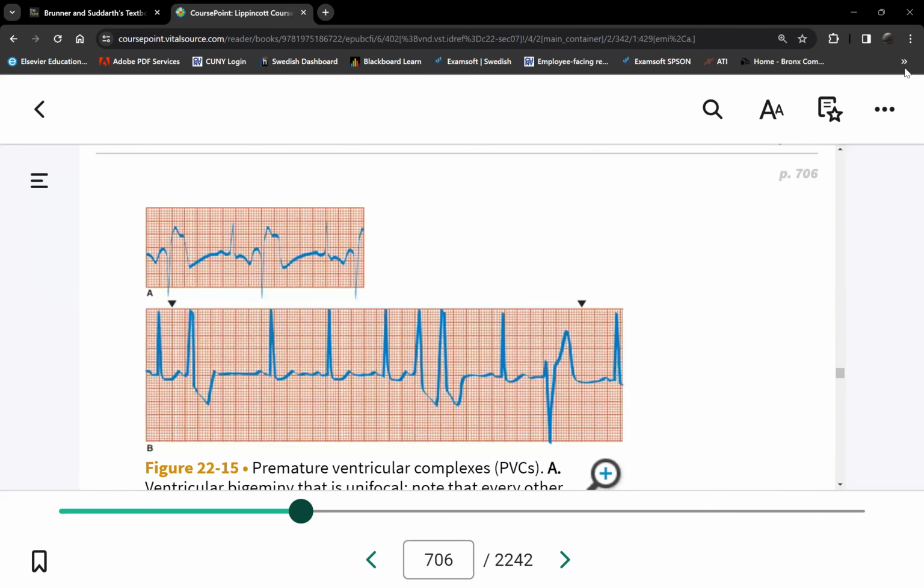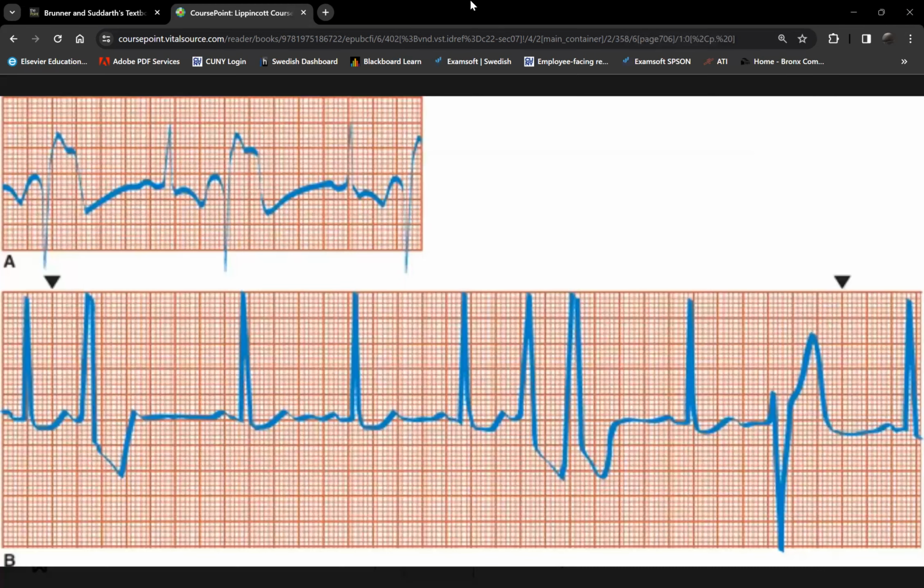So here are different patterns. Let's see if you can identify. What do you think the first one is called? Right, that first one on the right. That's bigeminy. Very good, because it's sinus PVC, sinus PVC. What about the next figure?